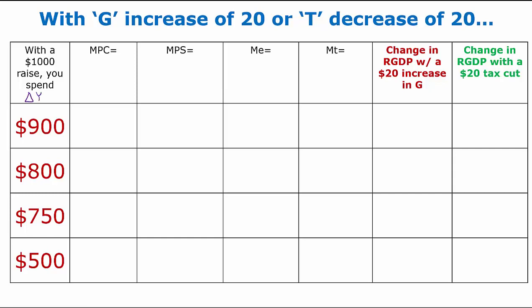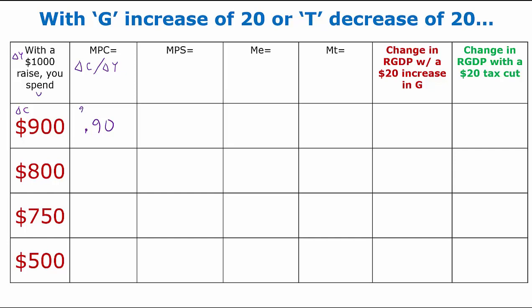Then we're going to spend 900. This 900 is our change in consumption. So MPC, which is change in consumption divided by change in income, is going to be 0.9 because we took 900 and divided by 1,000.